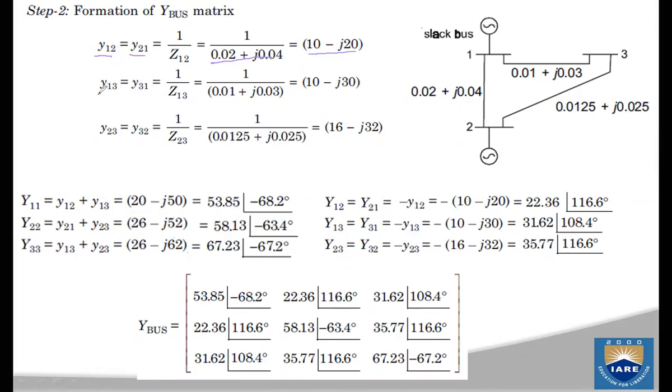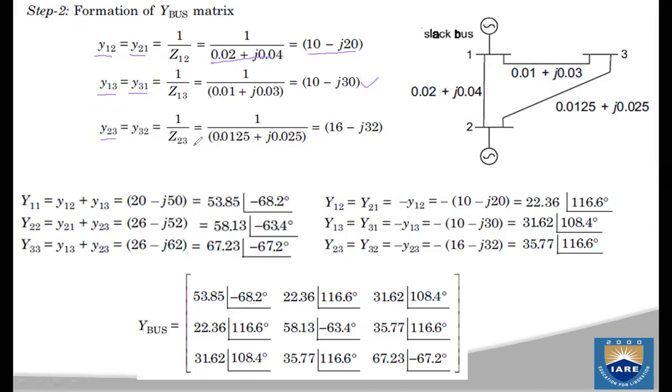Similarly, for the transmission line connected between 1 and 3, the admittance y13, which is the same as y31, is equal to 1 by z13. So this will be 10 minus j30. Similarly, for the transmission line admittance y23, which is the same as y32, this is equal to 1 by z23.